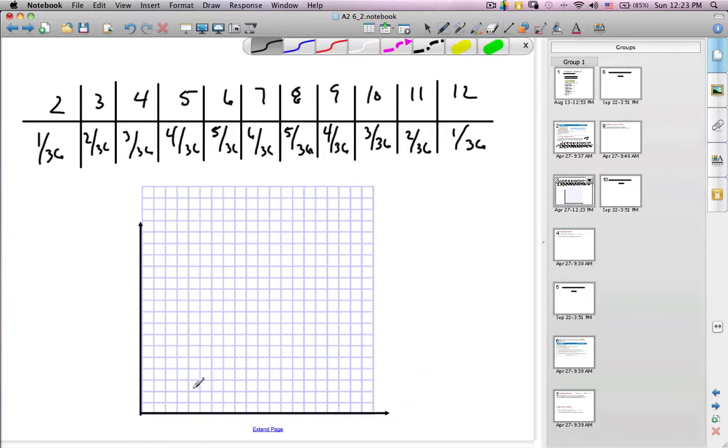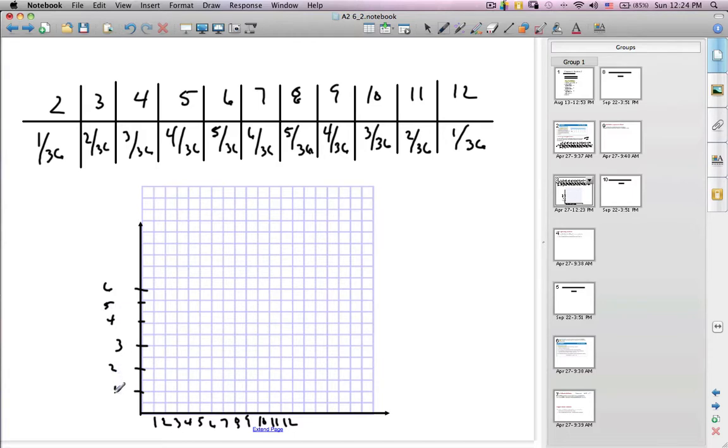Let's say we have 1, 2, 3, 4, 5, 6, 7, 8, 9, 10, 11, and 12 things coming up, right? And then I can have 1, 2, 3, 4, 5, 6. 6 is the maximum number of ways that this comes up, right? So that's as high as I need to go.